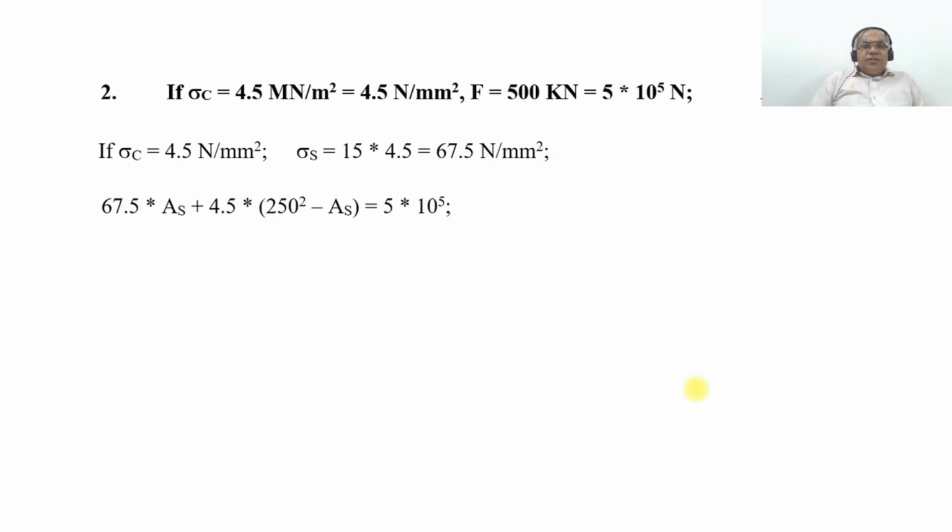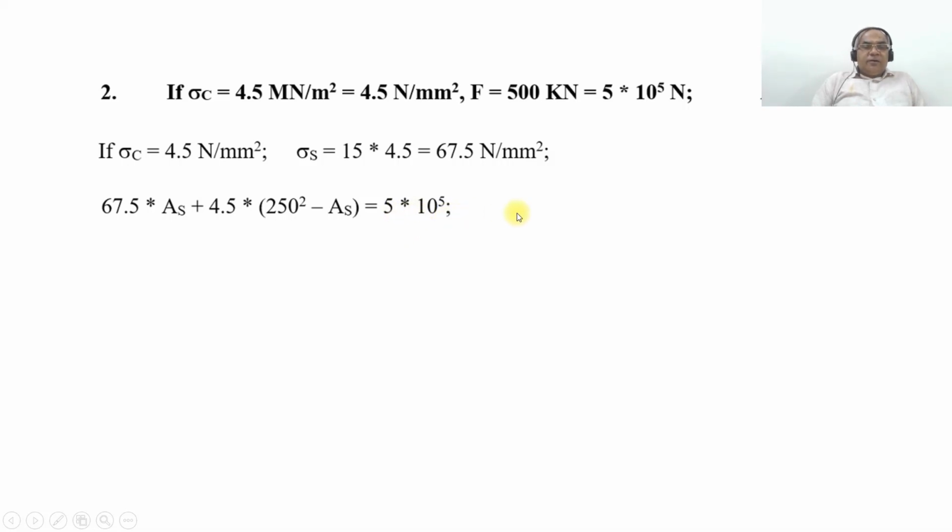Now you substitute that: sigma S is 67.5 into AS, plus 4.5 into 250 square minus AS, because this is the area I want to know, which will be equal to 5 into 10 to the power of 5. This 250 square is the area of the concrete which we have, and 250 square minus the area of steel will give you that value.